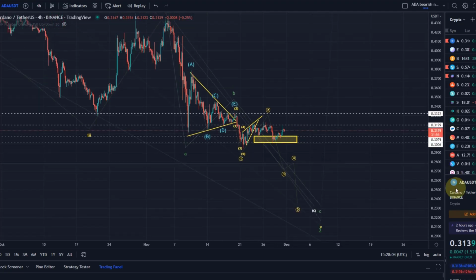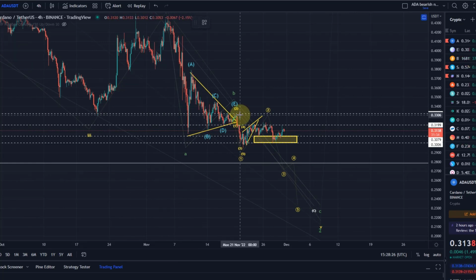The target to the downside remains around the 27 cent range. That is the wave 3. Then there would be a shallow wave 4 and another wave 5 down into the region around 23 cents. That is for me the most likely outcome here. Again, it's not a very reliable count.